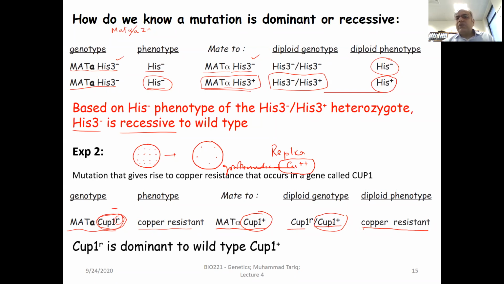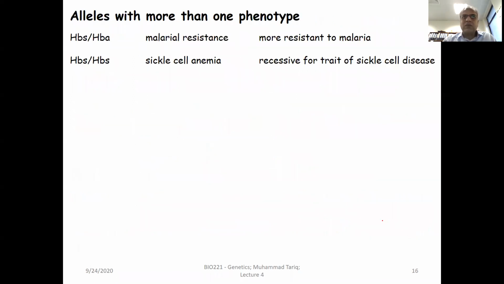If you get 2N, the diploid is copper resistant, what is your conclusion about CUP1 minus? It is dominant to the wild type. Okay, so we have learned one thing so far.